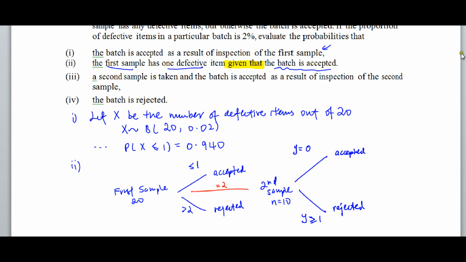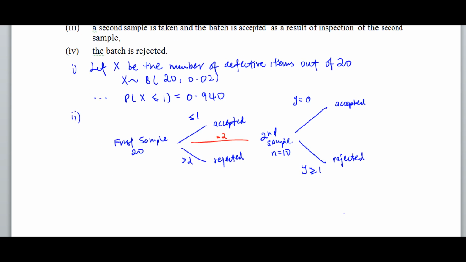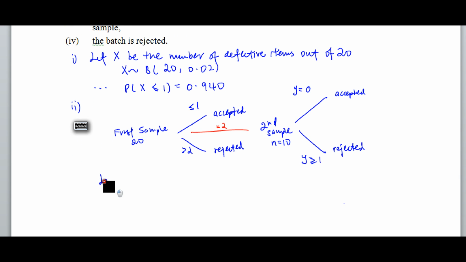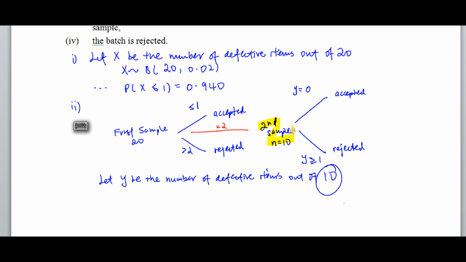Right? So now if we let y be the number of defective items out of 10, now it's 10 because we are focusing on the second sample. So therefore, what do you want?